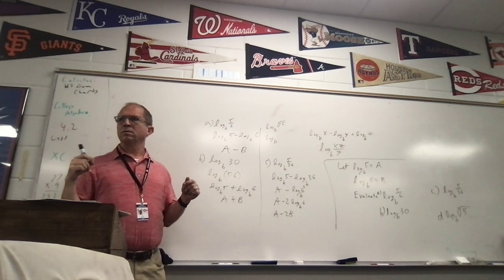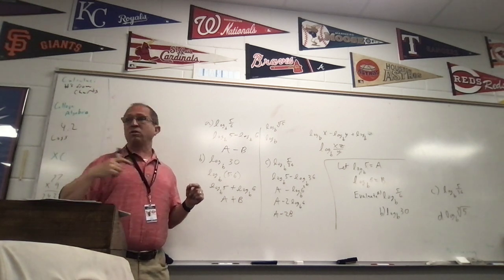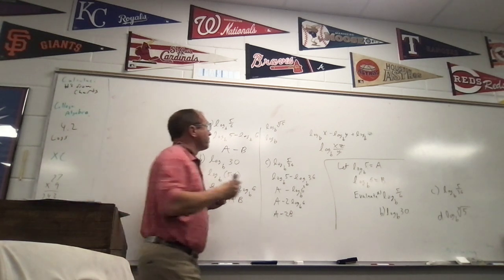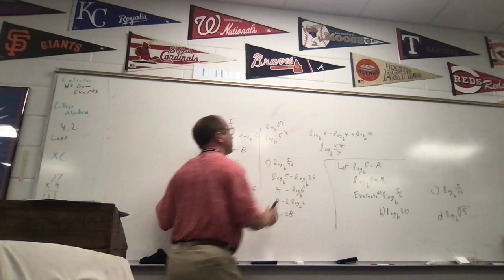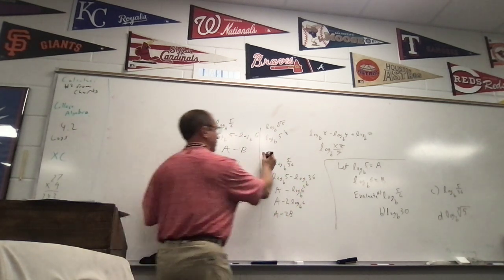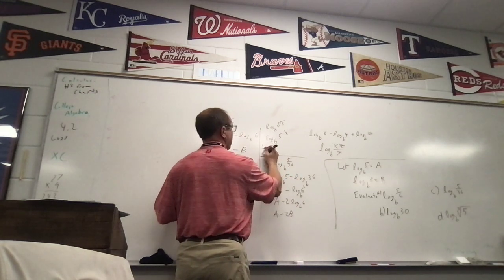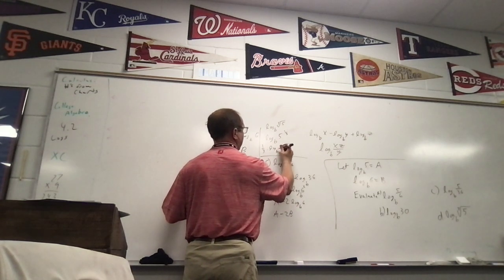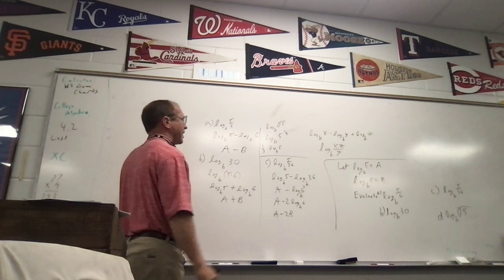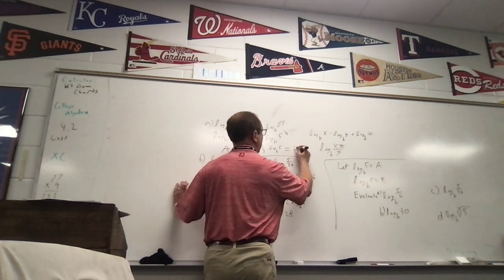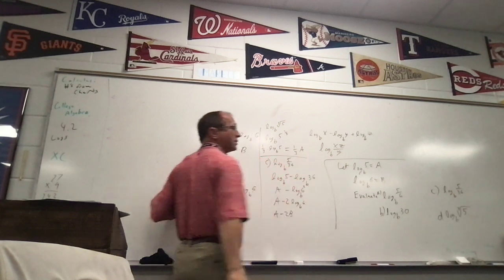Negative? No, that'd be if it was 1/5. It's 1/3. So this becomes the log base b of 5 to the 1/3 power, which is 1/3 of the log base b of 5. And guess what the log base b of 5 is? A. So we get 1/3 A as our solution.